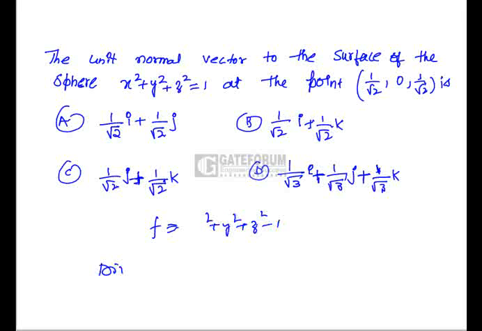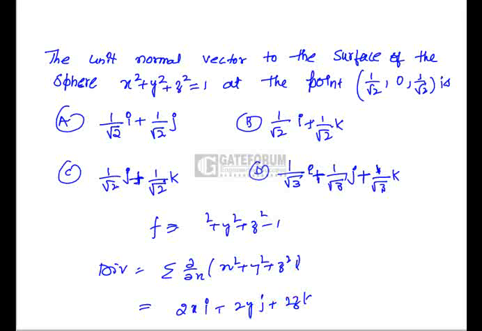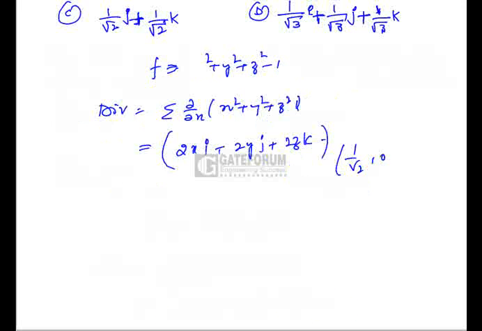Let us find the gradient of this. So summation of dou by dou x of x square plus y square plus z square, which can be written as 2xi plus 2yj plus 2zk. Now we need this at the point 1 by root 2 comma 0 comma 1 by root 2. If we substitute, it will be root 2i plus root 2k.